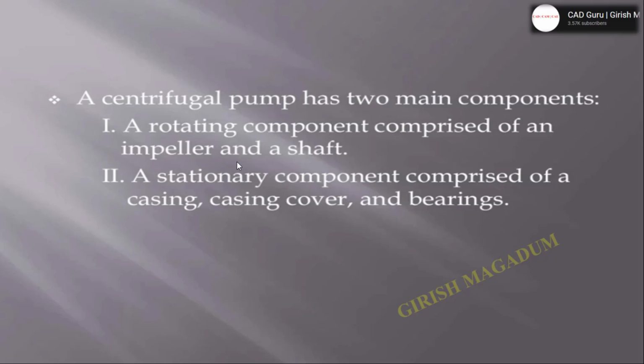So in a centrifugal pump we have two components, as I explained. One is the rotating component, called the impeller, and the shaft. The shaft helps us rotate the impeller. The stationary components comprise the casing, the casing cover, and the bearings as well.